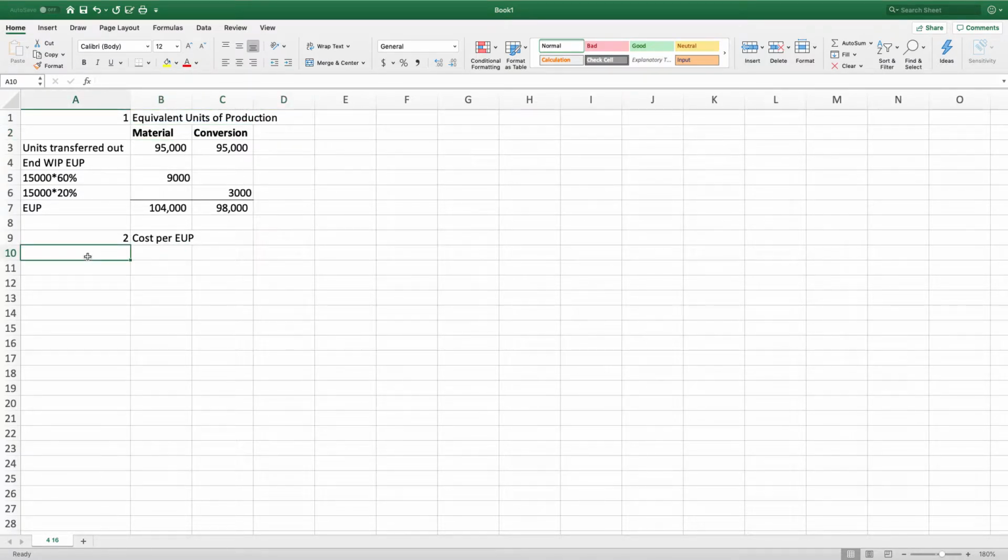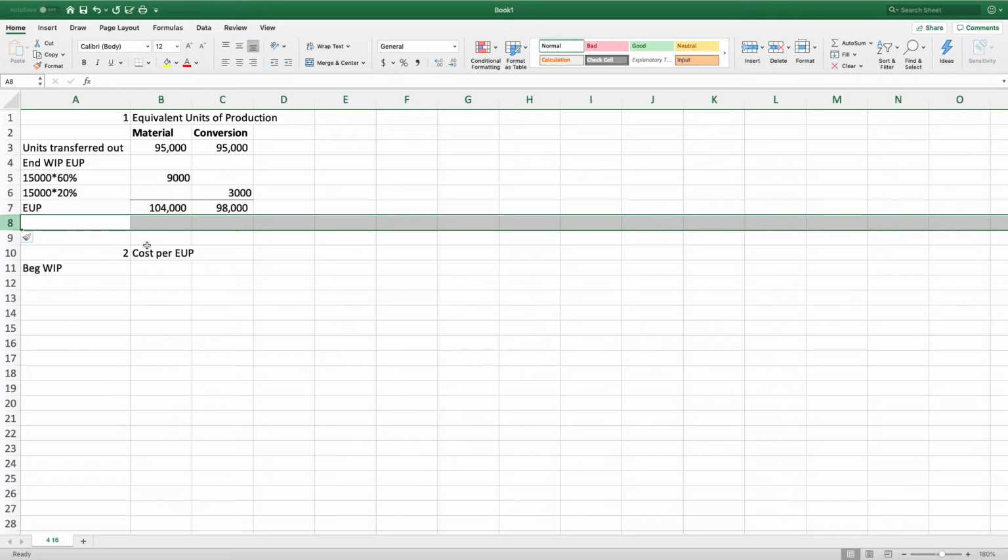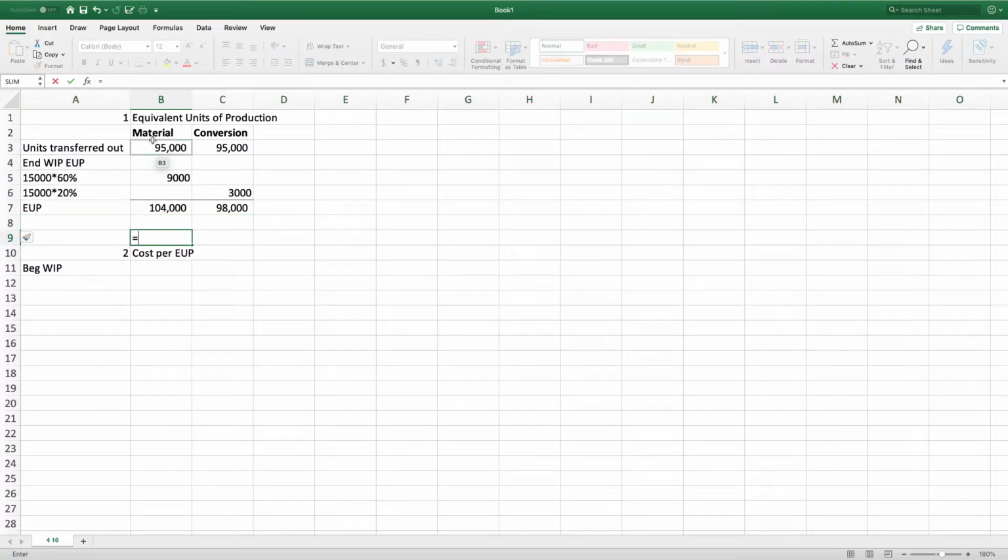So I need to figure out what my costs are in the beginning WIP with respect to material and conversion costs. Actually, let me do it this way. Is that better? That way we've got them right there.